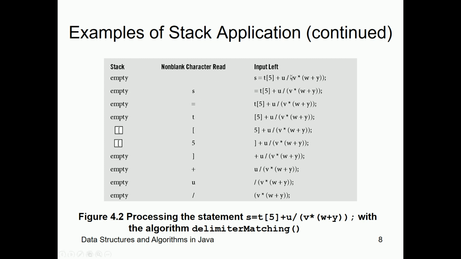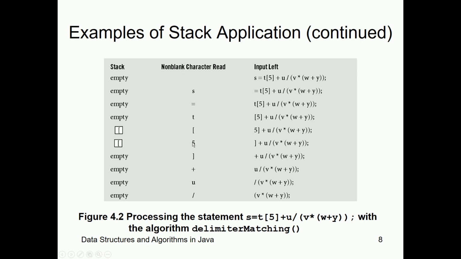So for example, something like this. I'm just going to discard this one. That's why you see the stack is empty. We don't put anything until we find this. Now when we find this, this character is going to be pushed into the stack. Then there is this other one.